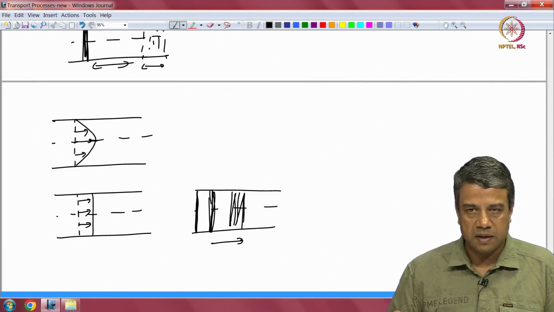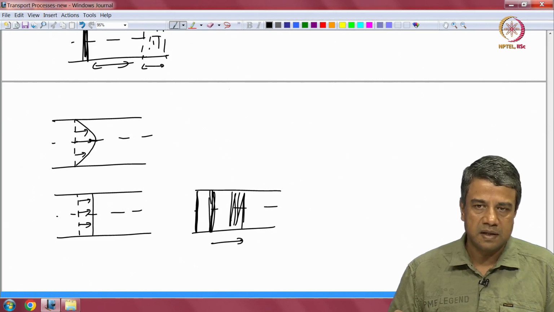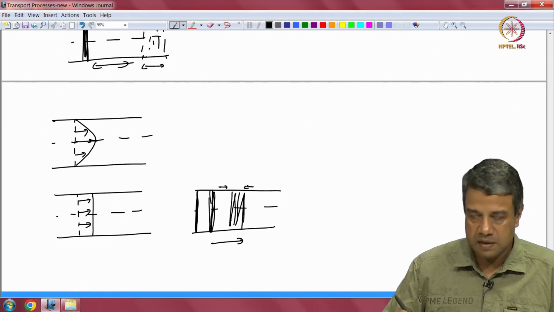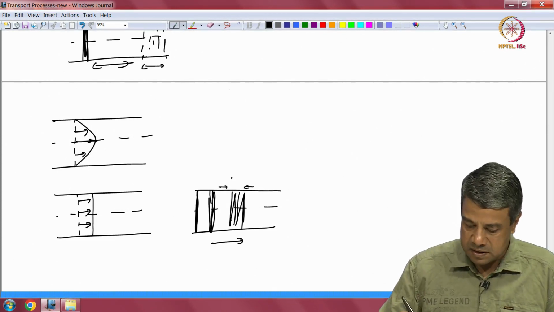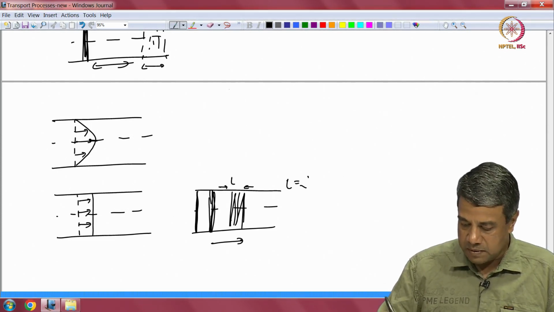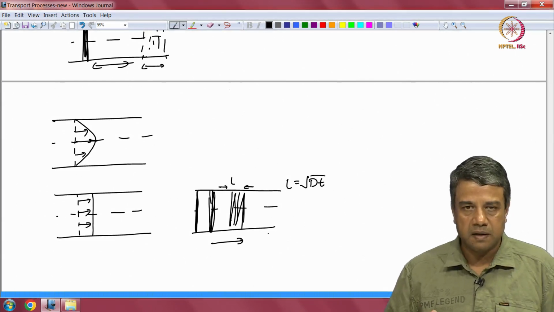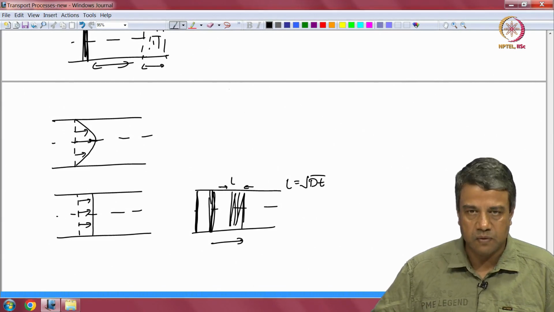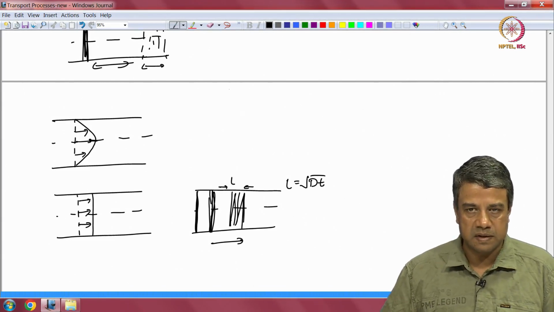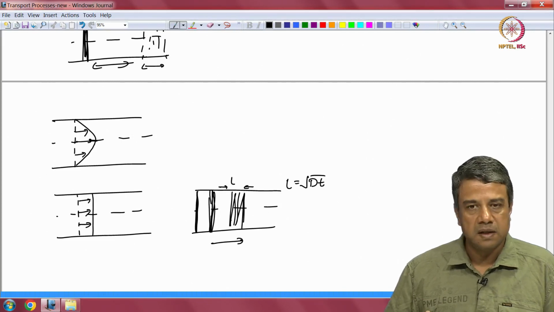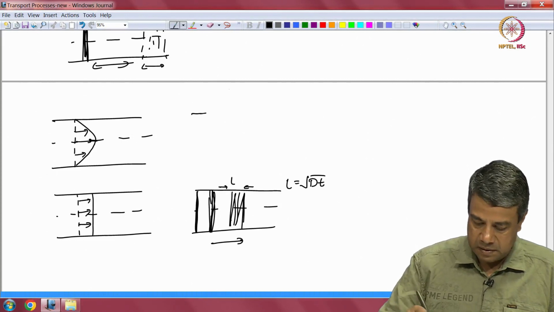So, you can just estimate the length quite easily, based upon dimensional analysis, as this distance L equal to square root of D times t, where t is the time taken for the pulse to move the downstream distance since the injection point. So, it just goes as square root of D times t.